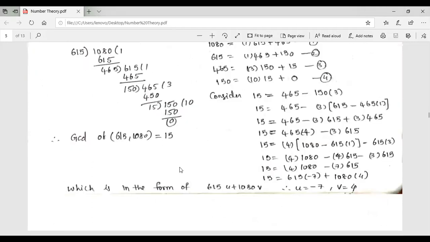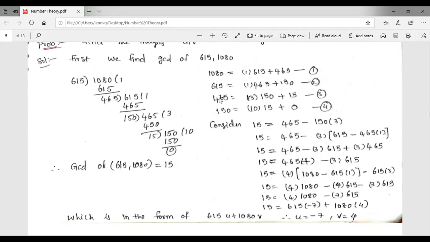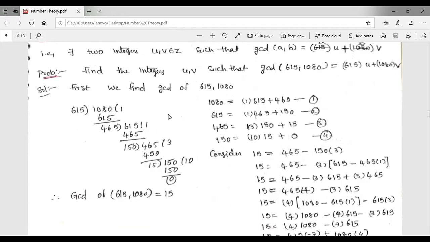Now, from this division algorithm, we write the linear combination equations. By the division algorithm, 1080 can be expressed as 1 into 615 plus 465. Let it be equation 1.